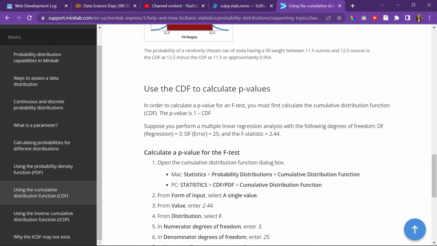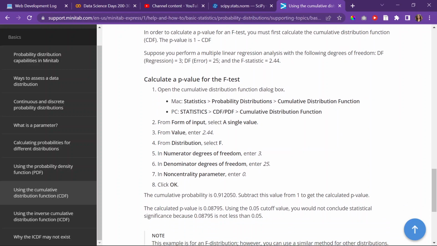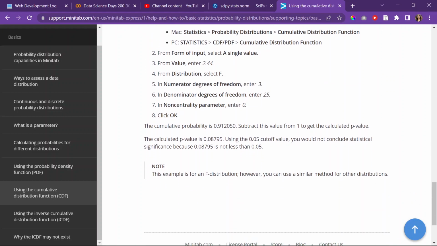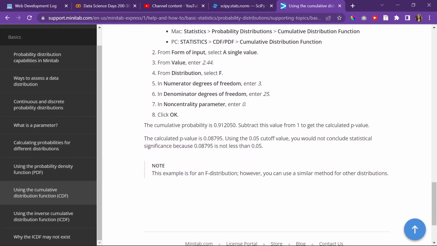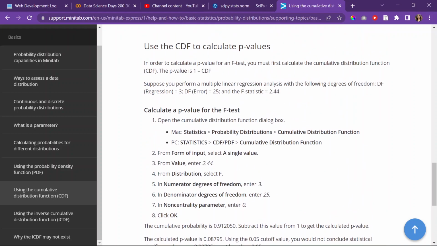So calculating the p-value is 1 minus CDF. Yeah, that's the probability value. Suppose you perform multiple regression with the following degrees of freedom.